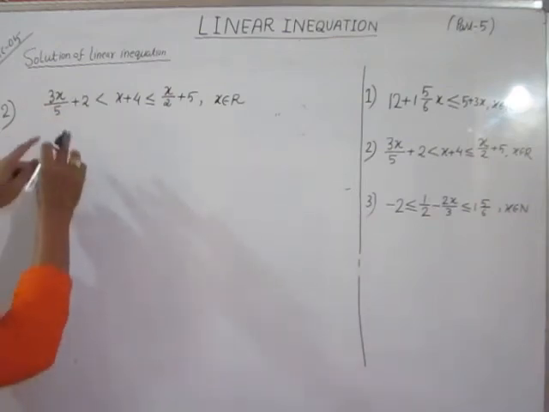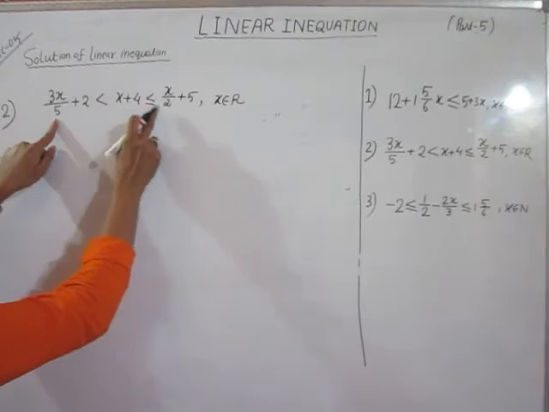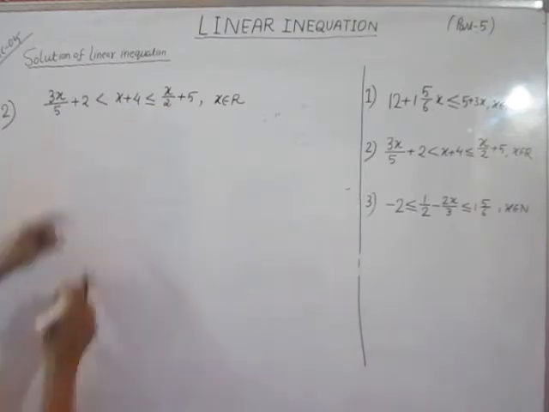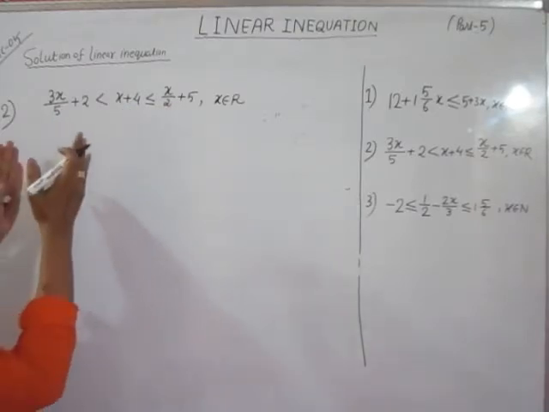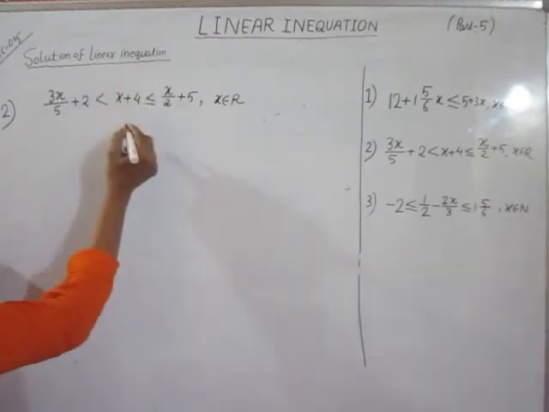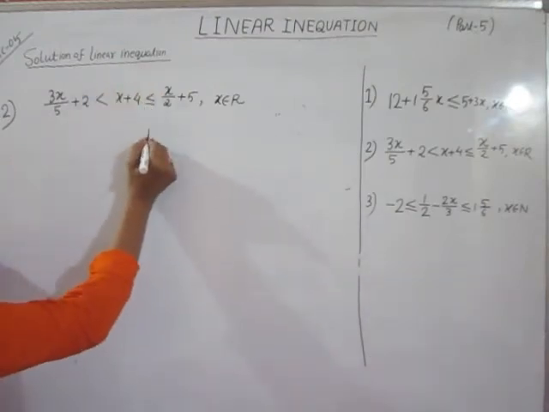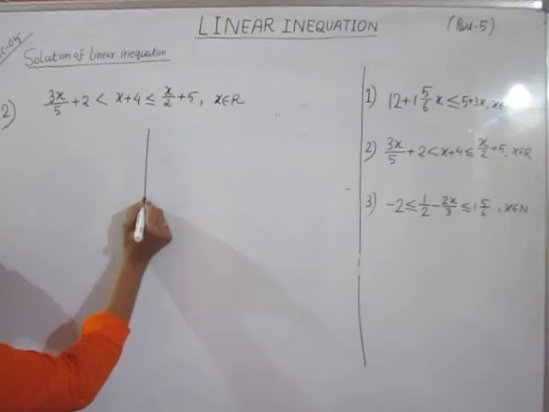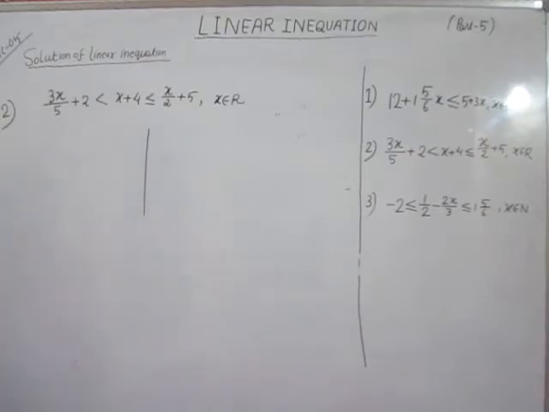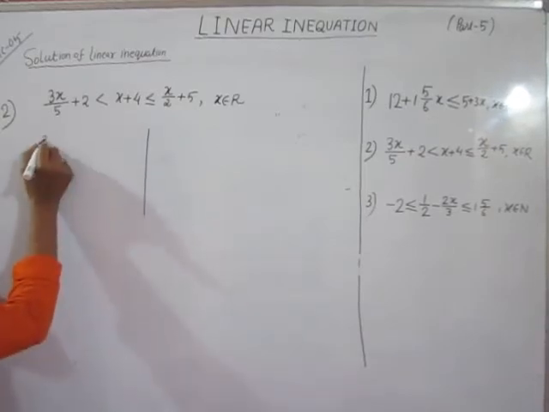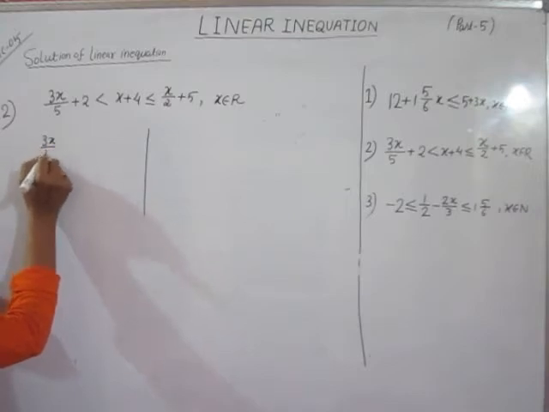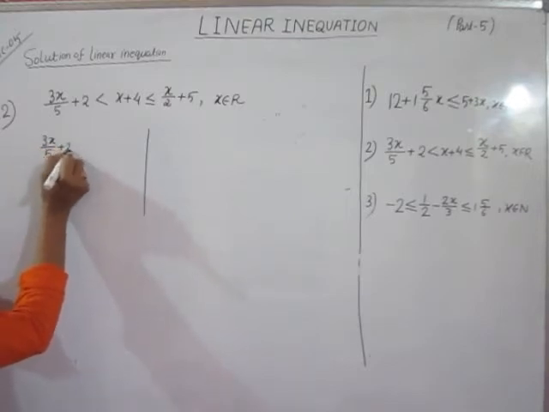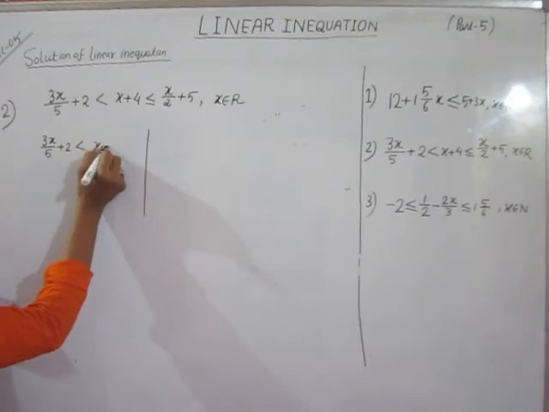So here three linear expressions are compared. So actually it is a combination of two linear inequations. Now separate this into two parts. 3x/5 + 2 < x + 4.